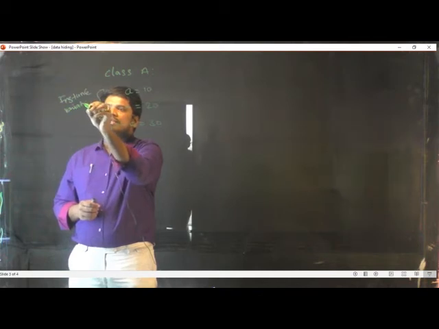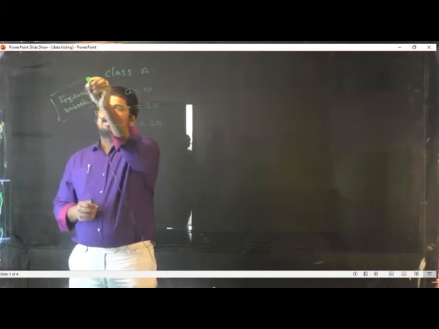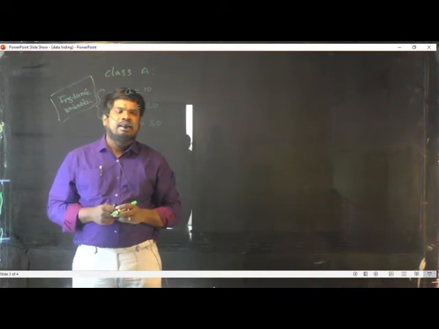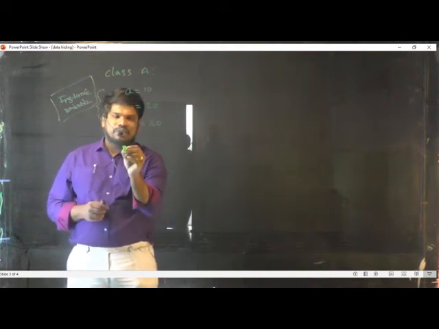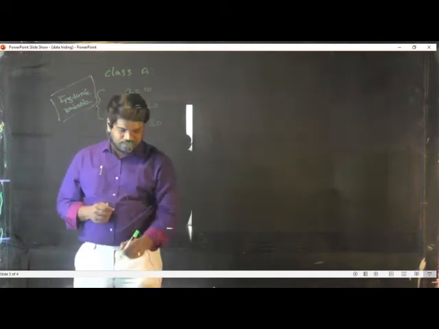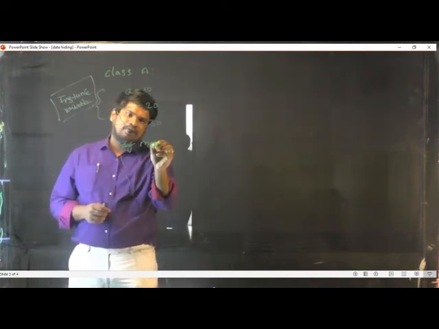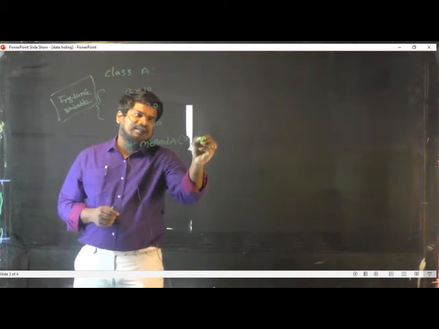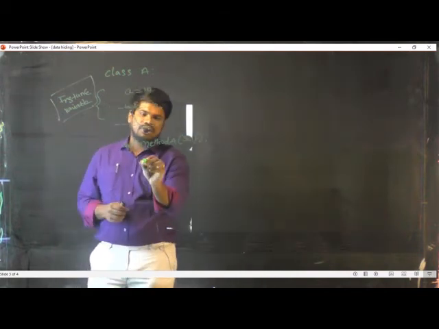And here I'm taking one more method, def method A, and I'm passing self as an argument. Observe carefully.